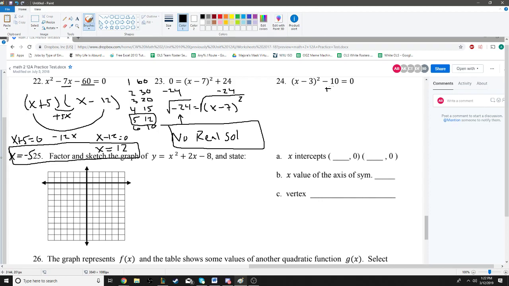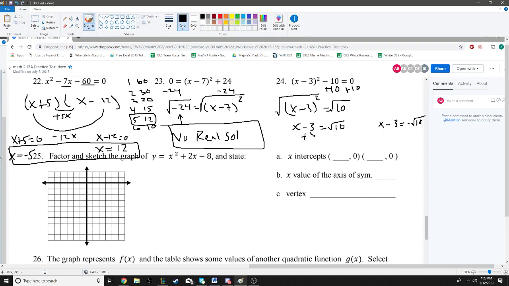For this one over here, you need to add 10 to both sides. So x minus 3 squared is equal to 10. Square root both sides, and you get x minus 3 equals positive root 10. And x minus 3 equals negative root 10. I could make this faster by using the plus minus symbol, but I want you guys to understand that they're 2 separate answers.